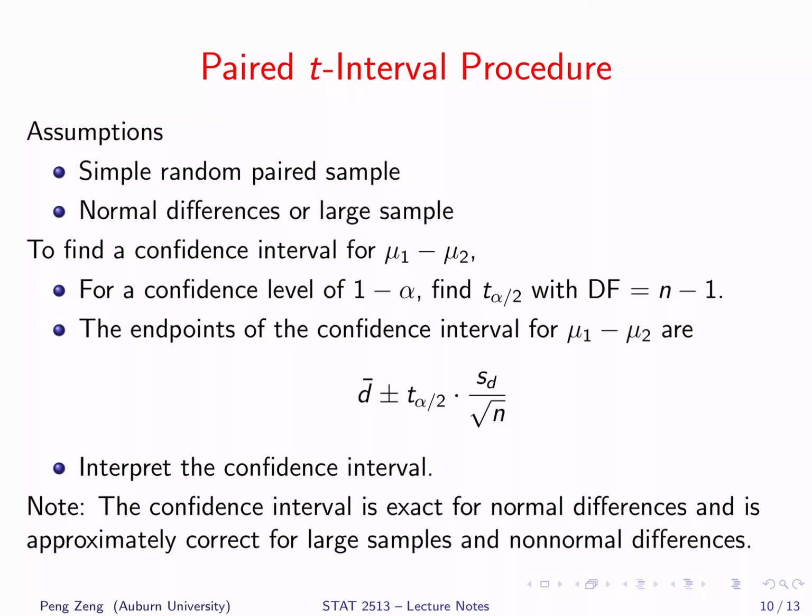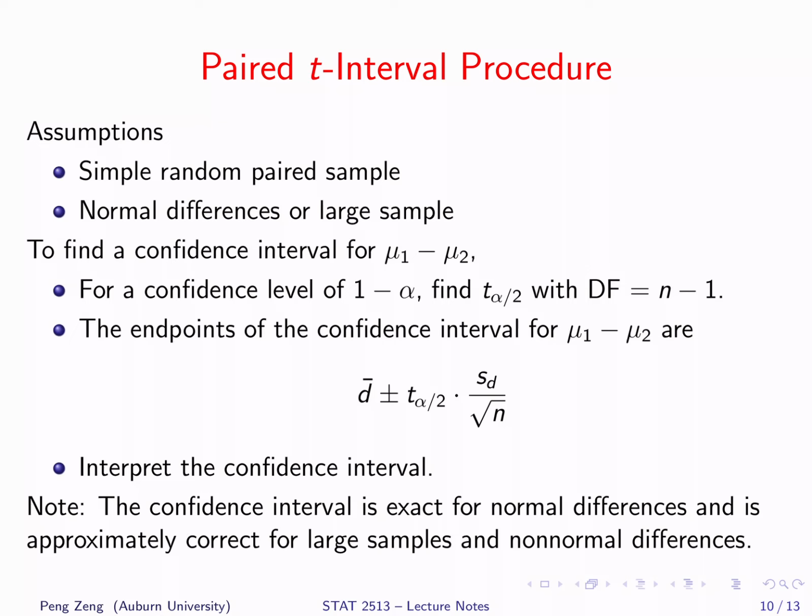To find the confidence interval, we first need to find t alpha over 2. Notice that the number of degrees of freedom is n minus 1. The endpoints of the confidence interval for mu1 minus mu2 are d bar plus or minus t alpha over 2 times sD over square root n.